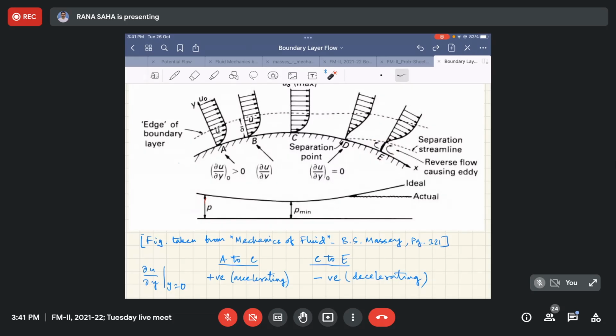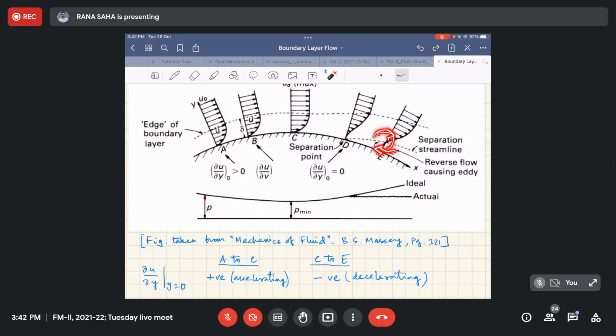Okay, so this is the point from where your effective boundary layer gets shifted, or actually it is being lifted above the solid surface. So this line actually is the edge of the boundary layer, that is basically our delta line. Okay, so the moment this separation occurs and is followed by the formation of the reverse flow, here you are having a direction of flow like this, just at the bottom.